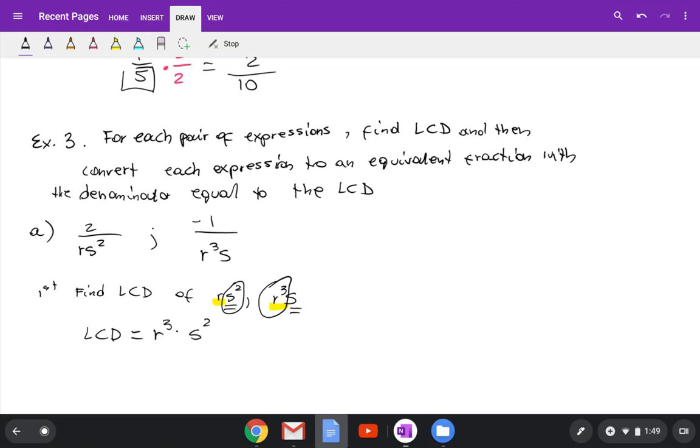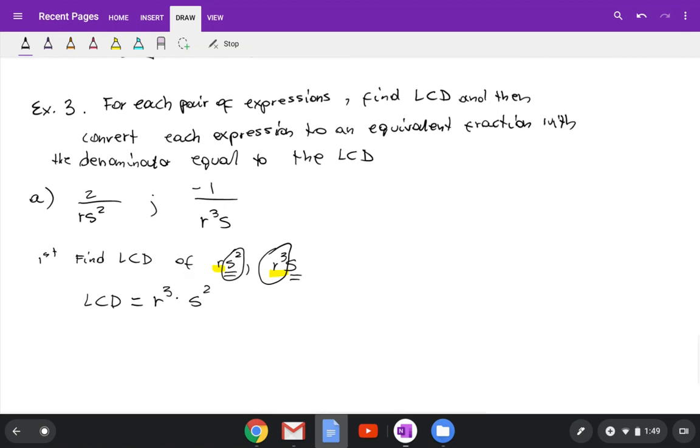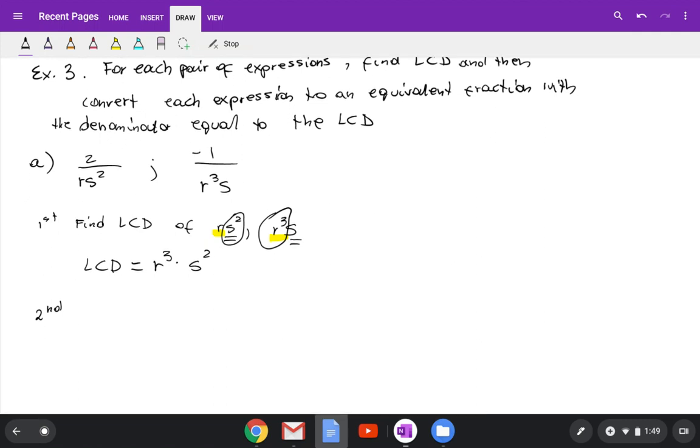We find LCD. Second, take the original expression, okay? So you're taking the original first expression. And you need to rewrite this expression by having the new denominator.